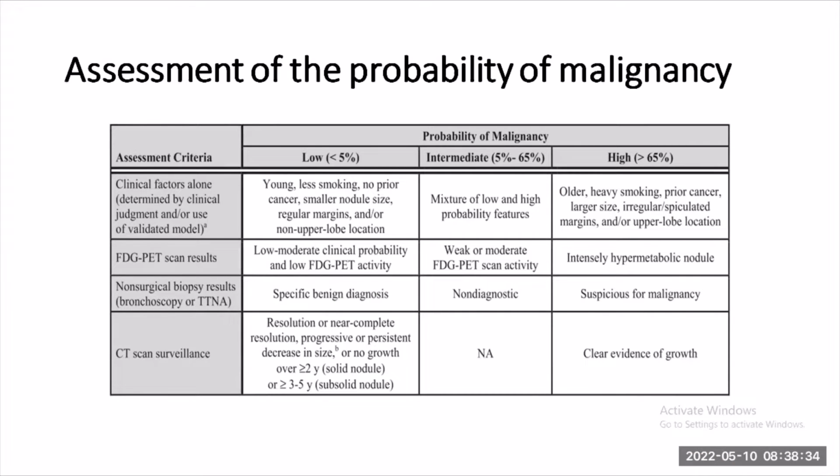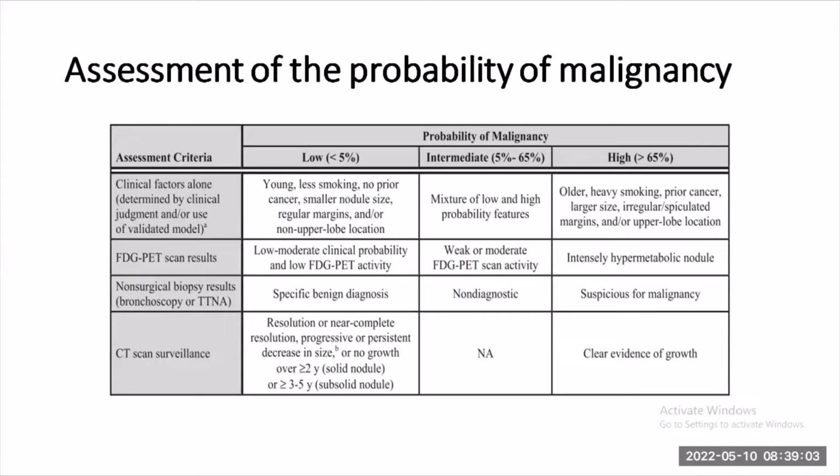What would be the probability of malignancy? How do we decide probability of malignancy? If we are doing clinical examination alone, if a patient is young, with very small or minimal smoking history, no prior cancer history, small nodule size with regular margins and a non-upper lobe location, the chances of that lesion being malignant is less than 5%.